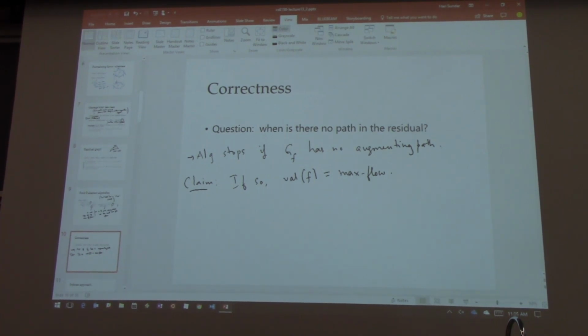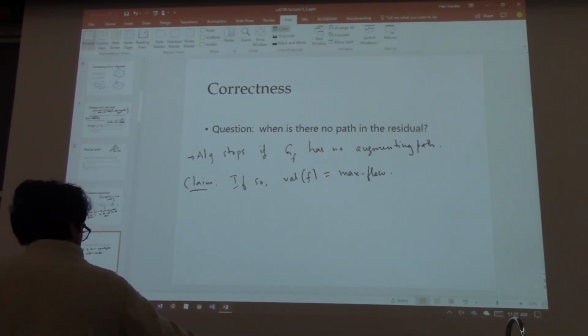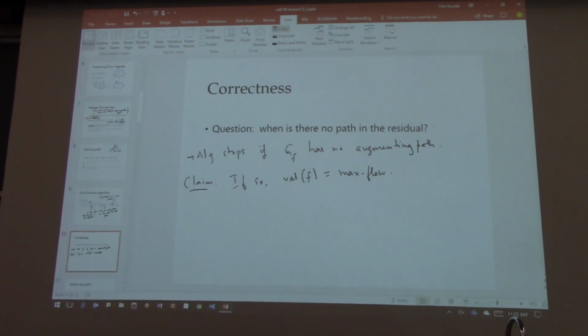All we have to show is that at the end of the algorithm we have an optimal flow. At the end of the algorithm you have that condition, and if it holds, we want to say that the value of the flow we have is the maximum. That's by definition so far.